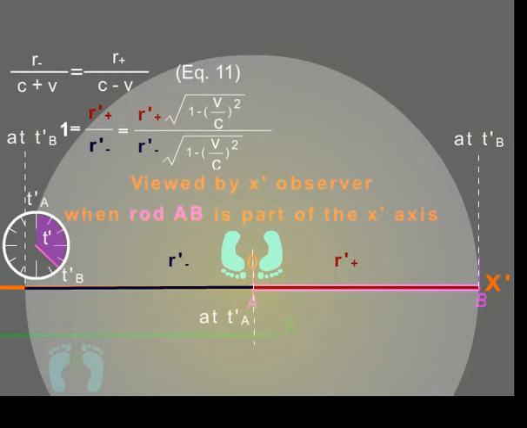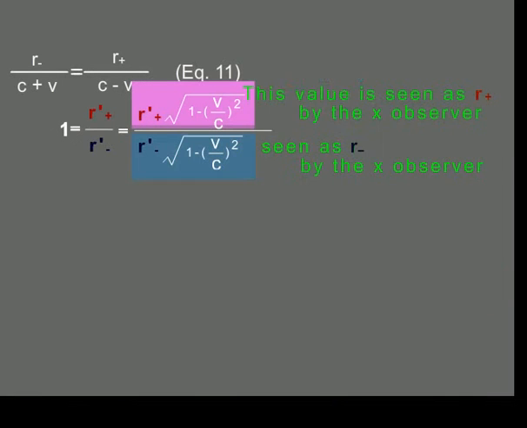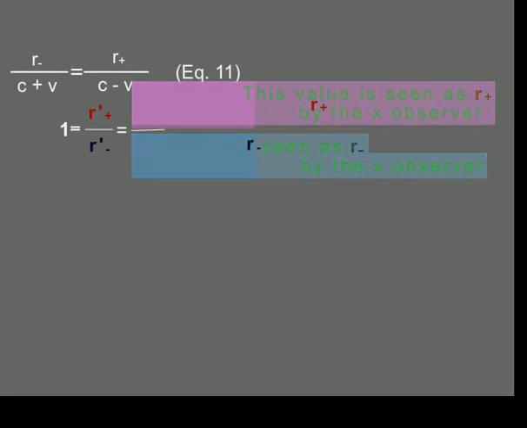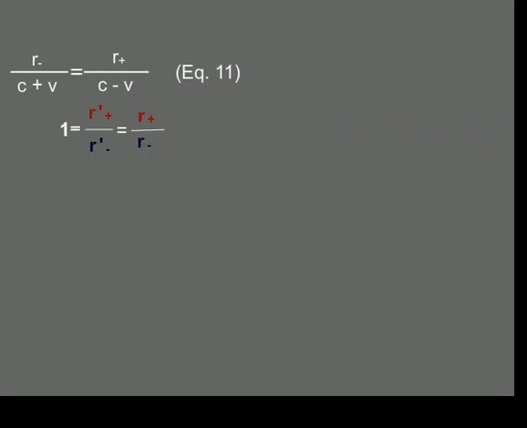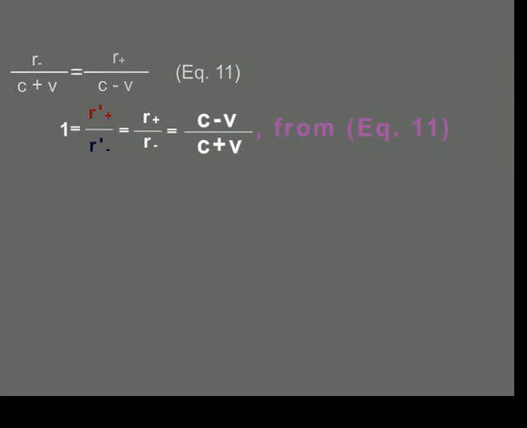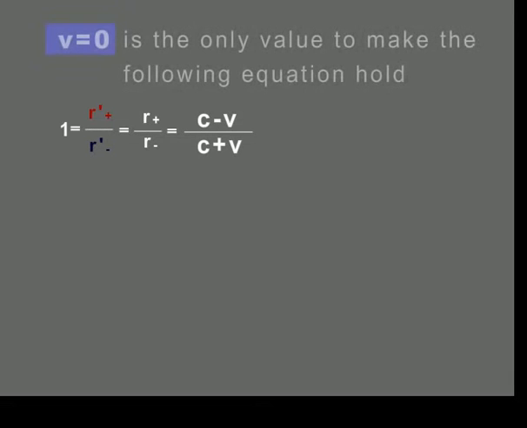If the concept of length contraction must play a role in the view of the observer of x-axis, the same contraction multiplication coefficient must be equally applied to the measurement of r plus and r minus, leaving the ratio of r plus over r minus unchanged equals 1.